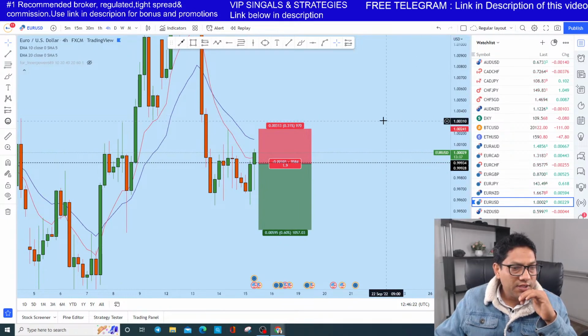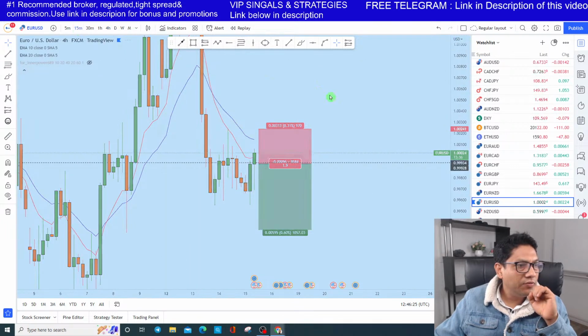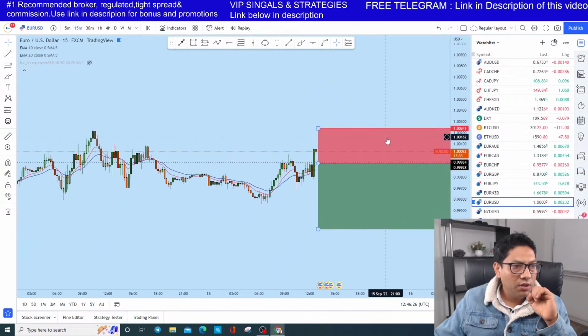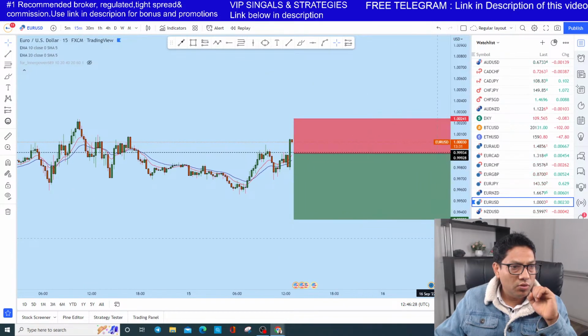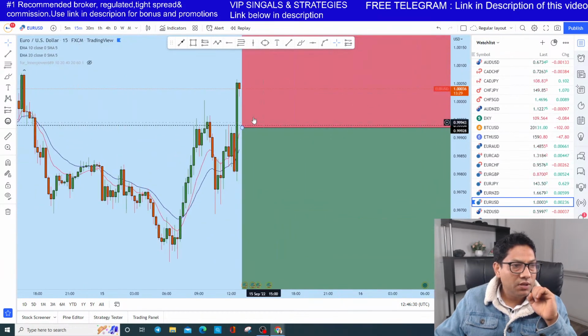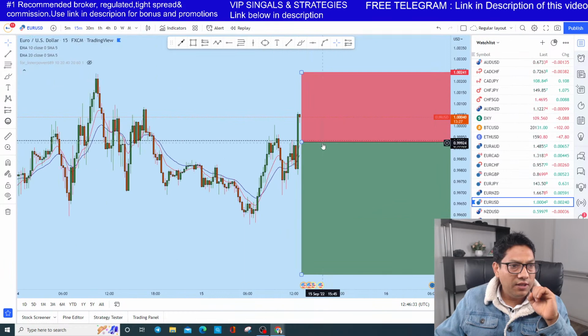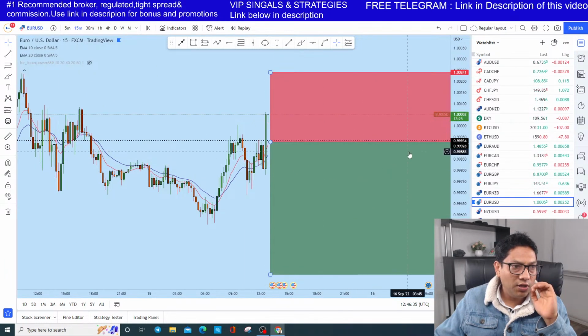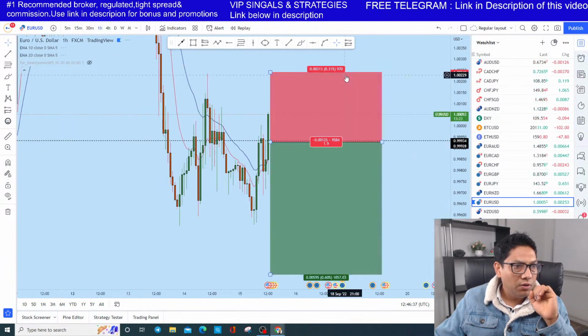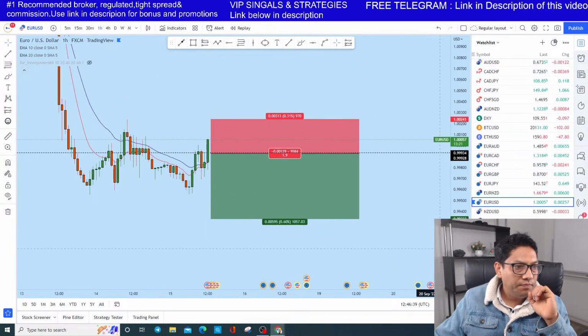So in the next 15 minutes, if we look at the 15 minute chart, this is euro dollar price action on 15 minutes. What I think is that this 15 minute candle, to me, is kind of a liquidity gap.